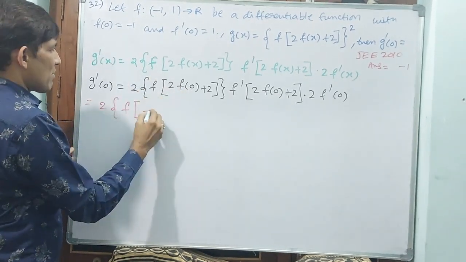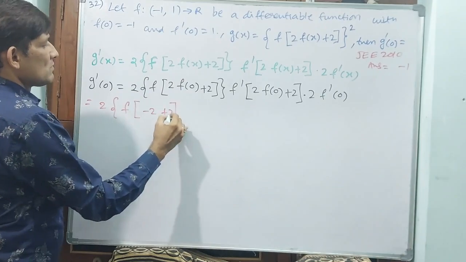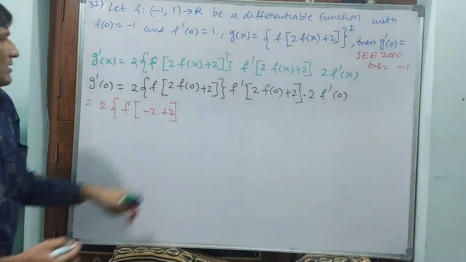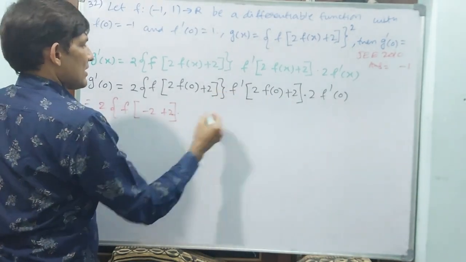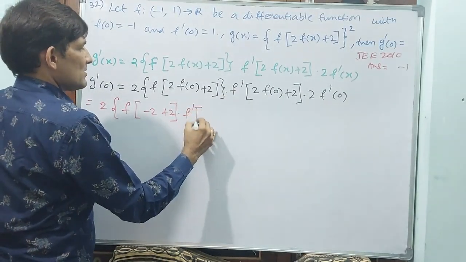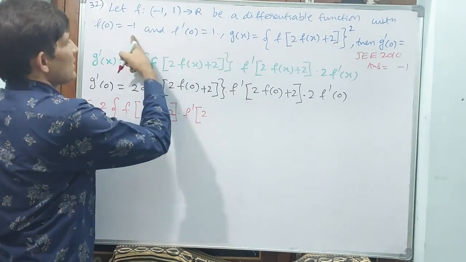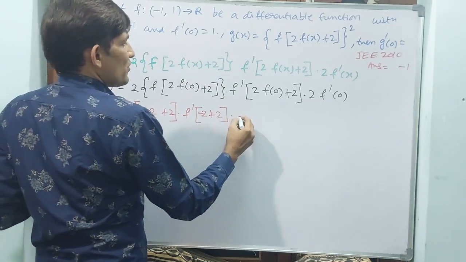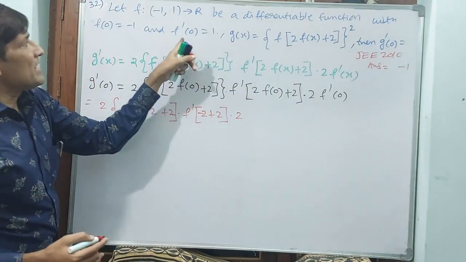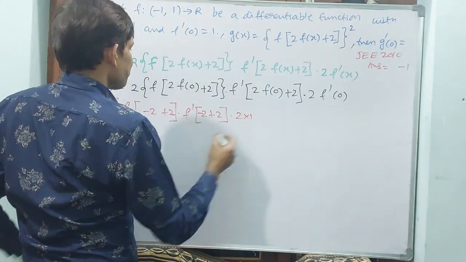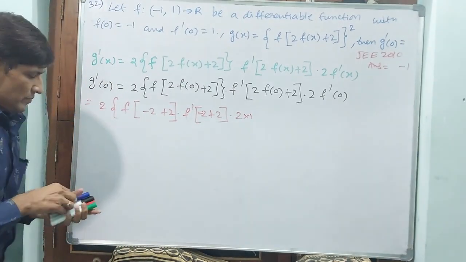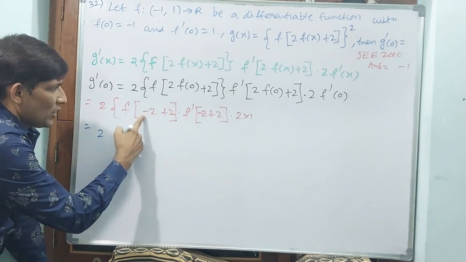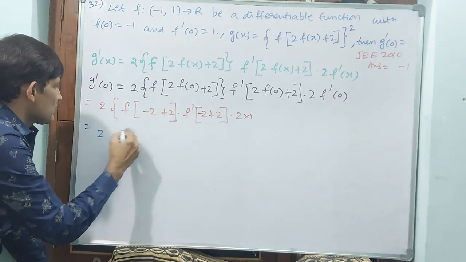That means 2 into minus 1 minus 2 plus 2. Again dot, f dash of 2 into f of 0, minus 1 again, that means minus 2 plus 2, into 2 f dash 0. f dash 0 value is 1, that means 2 into 1.